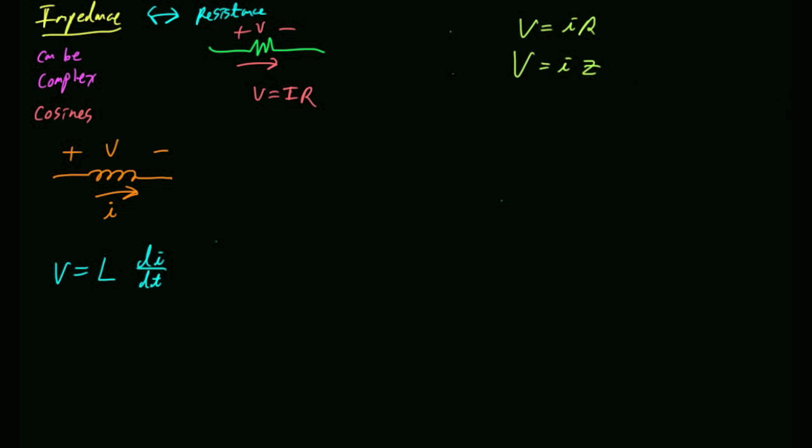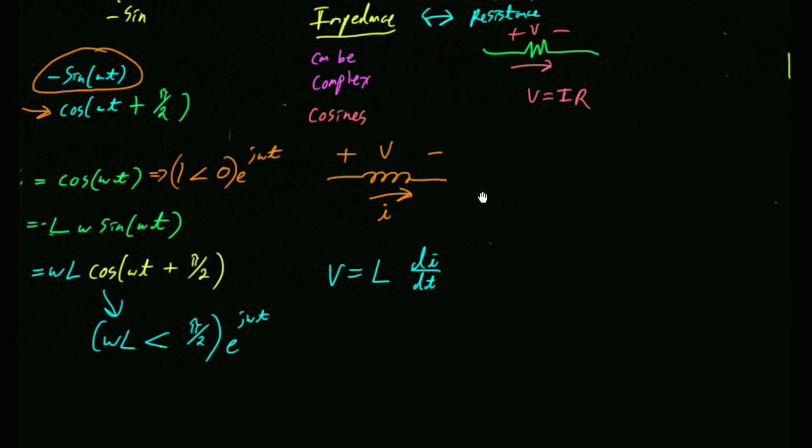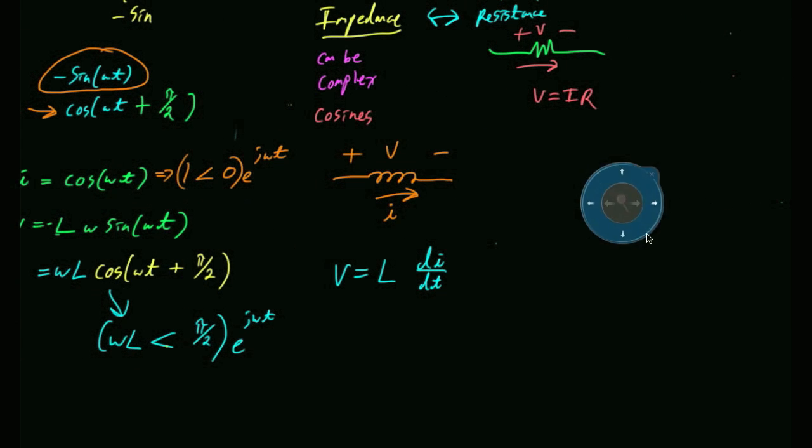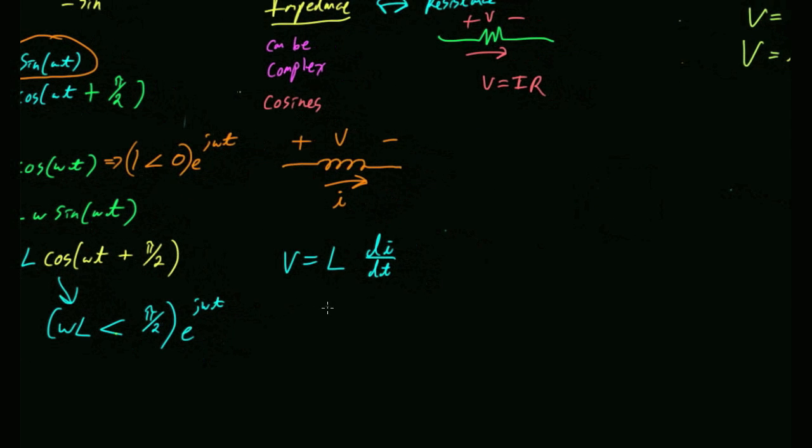Our phasor equation for the inductor says that omega L angle pi over 2 e to the j omega t equals, that's my voltage, V equals I, which is 1 angle 0 e to the j omega t.